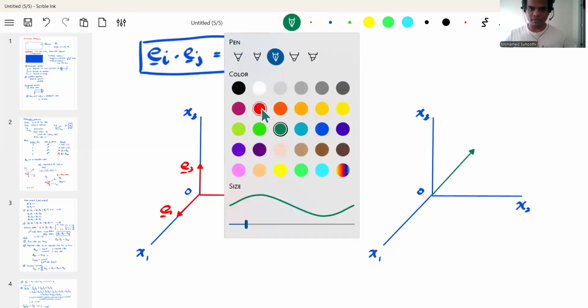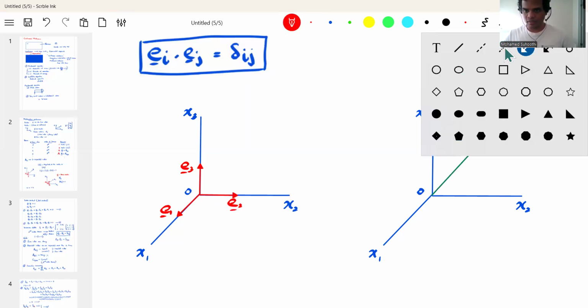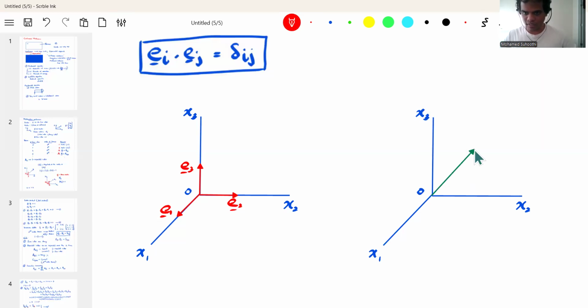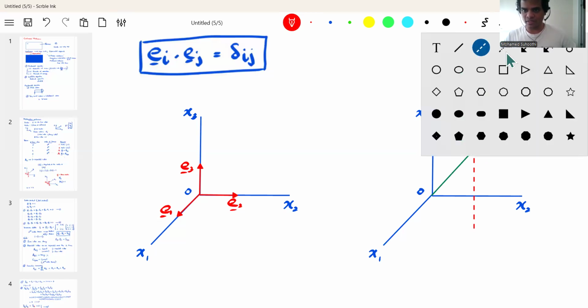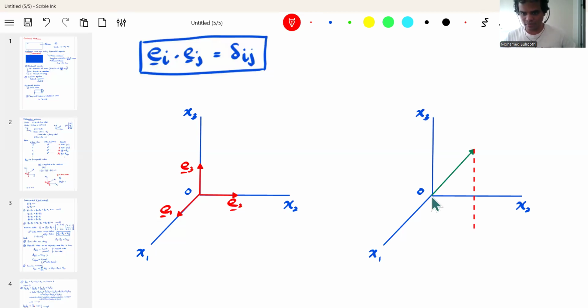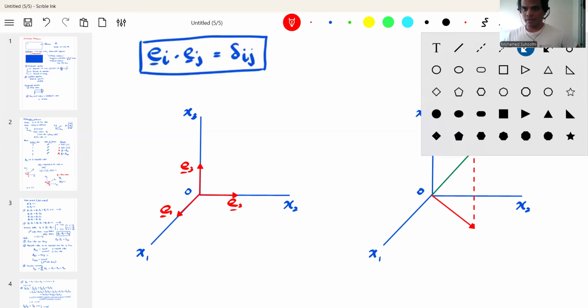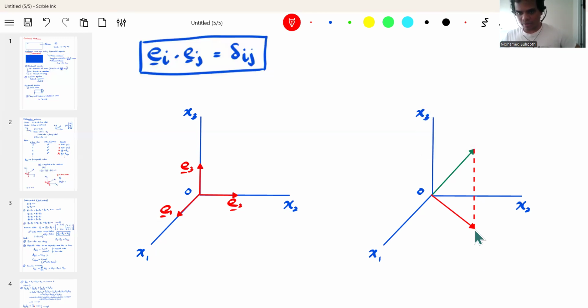Now let me take red color again. So this vector, first I can project along this face. This one is actually the projection of this vector on the x1, x2 plane. So then I can decompose this vector into here as well as here.